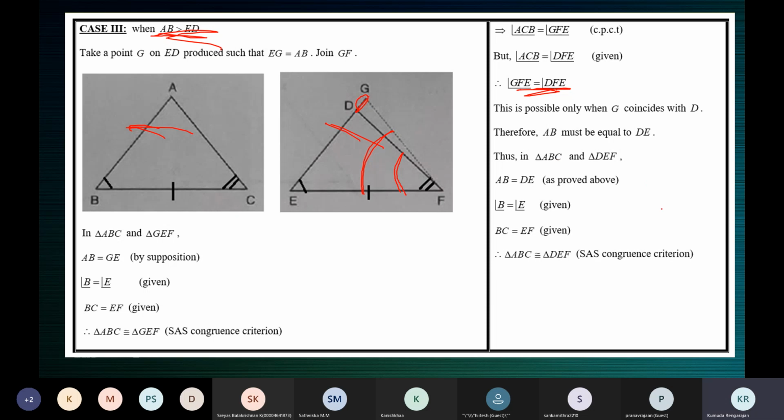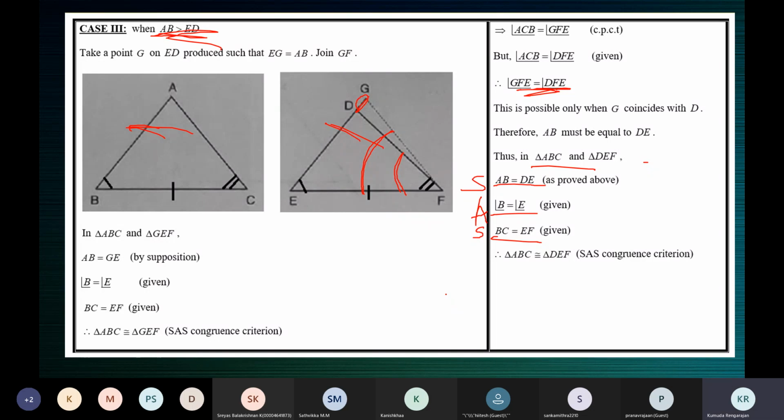So now in the two triangles ABC and DEF, we just proved that AB is equal to DE. Angle B is equal to angle E, which is given to us. And BC is equal to EF is also given to us. So side, angle, side. By the SAS rule, the two triangles are congruent to each other.